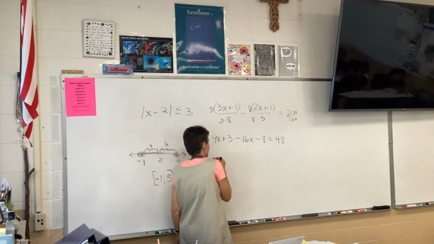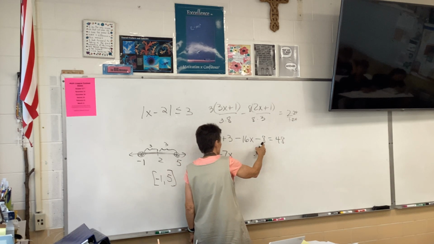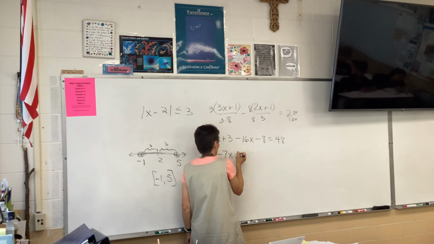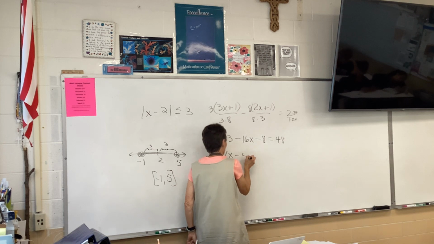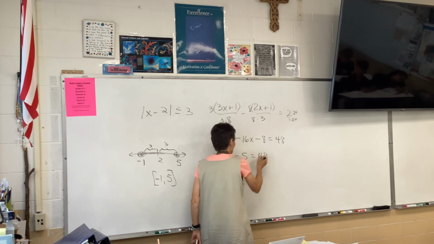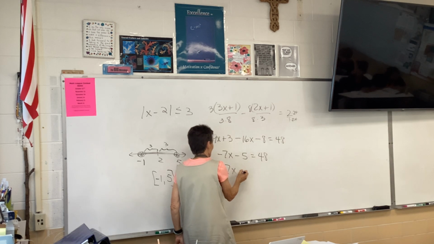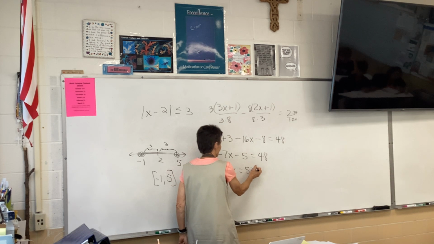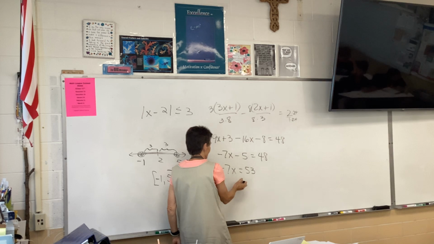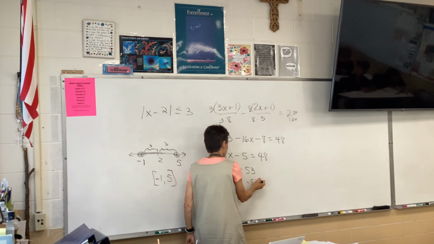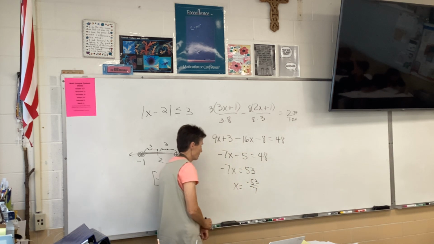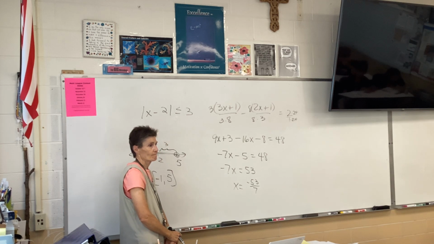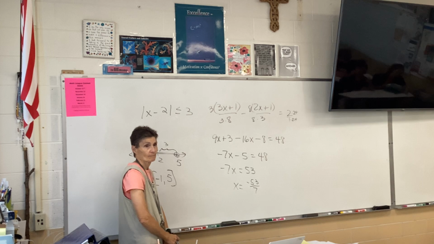Nine minus 16 is -7. And 3 minus 8 is -5. So I'll add 5. I got -53 sevenths. What about you? No number line, just x equals.